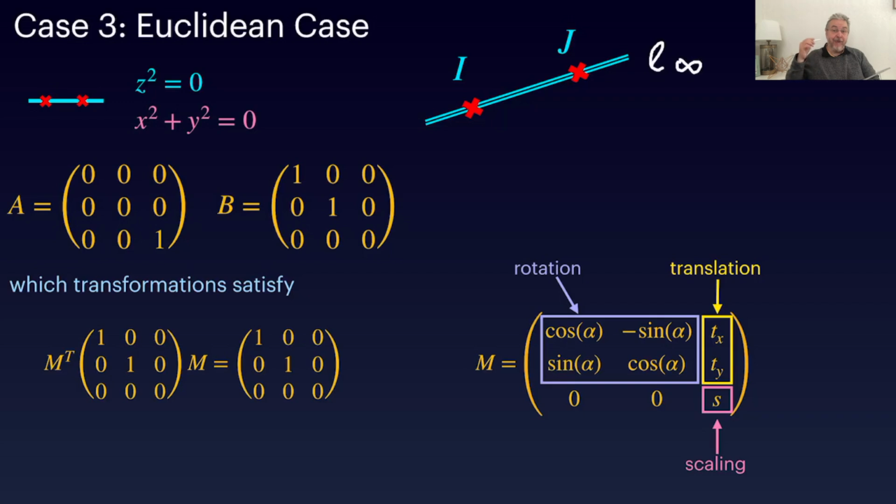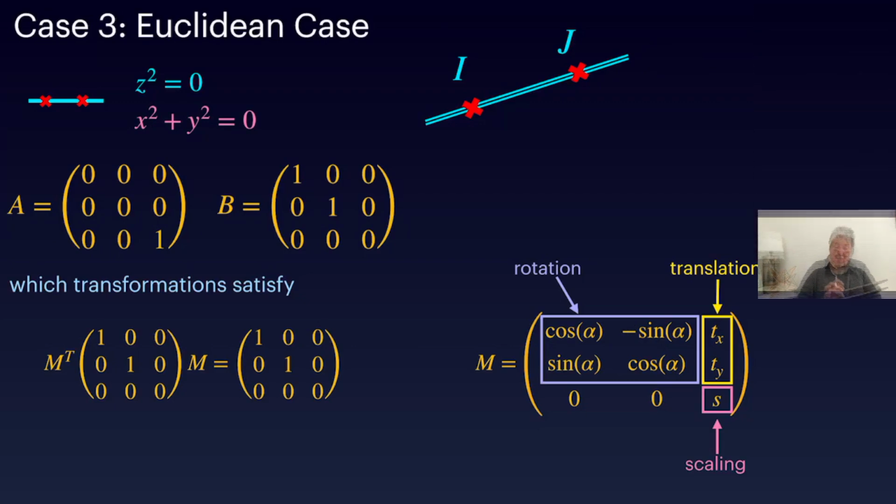So this time you have 4 degrees of freedom due to the fact that your fundamental conic is a little bit more degenerate than in the case of hyperbolic or elliptic geometry. Actually, I've written only the rotational part here. There's also a reflectional version of that, which has a plus here and a minus here. So the transformations are composed of these 2 types of matrices.